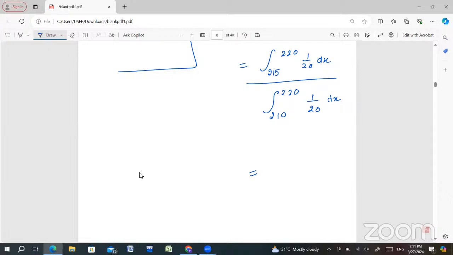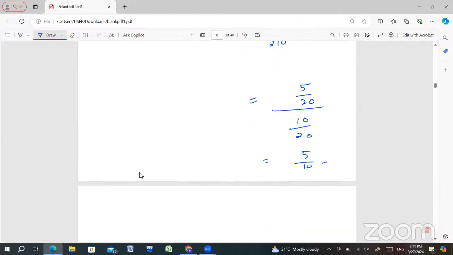If you solve it, you will get 5 upon 20 divided by 10 upon 20. So it will be 5 by 10, so it is 0.5.